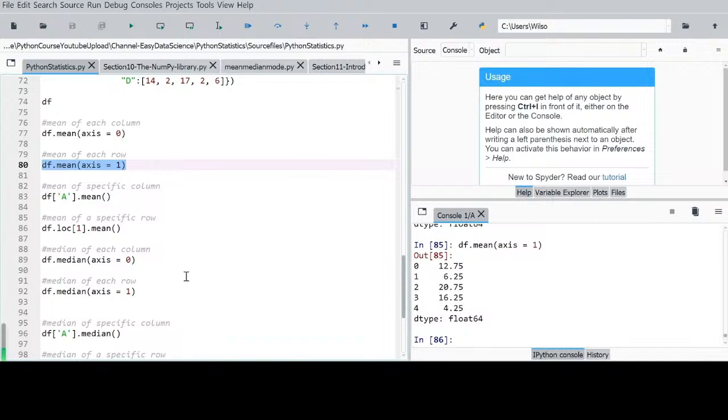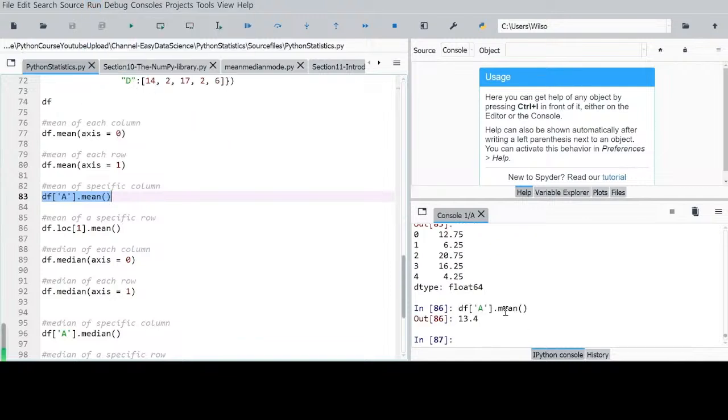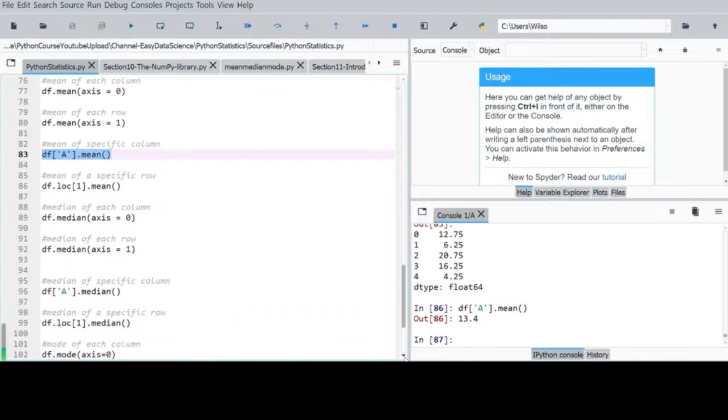And we can also calculate the mean of a specific column of this data frame. So we just use bracket quotes A for the column A of this data frame, then use the function .mean. So the mean value of column A is 13.4.